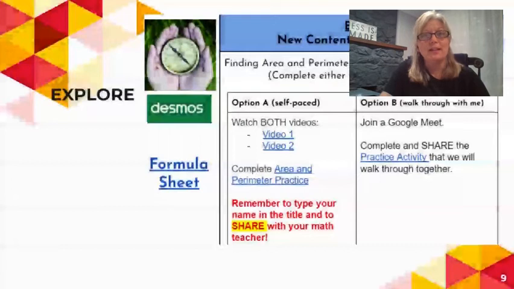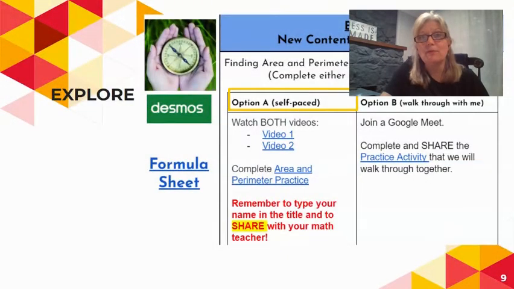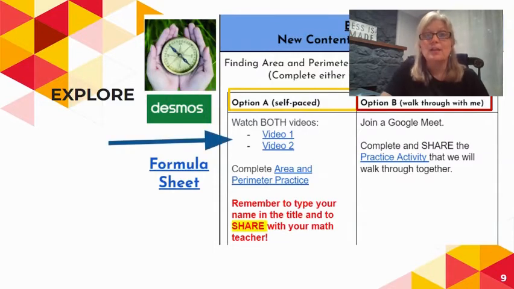Okay, so let's get started with the lesson. The Explore part has 2 options like we've had before. Option A is where you're going to do the self-paced, where you're going to watch the videos and complete the activity. Option B is when you're going to join me for the Google Meet. We're going to do the activity together. There are 2 videos for option A. You need to watch both of them. It's highly recommended.